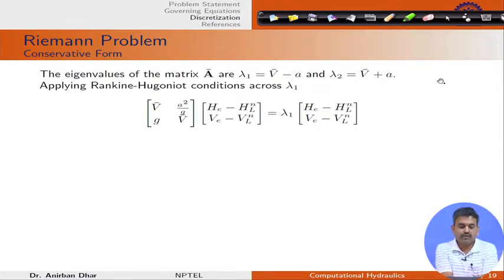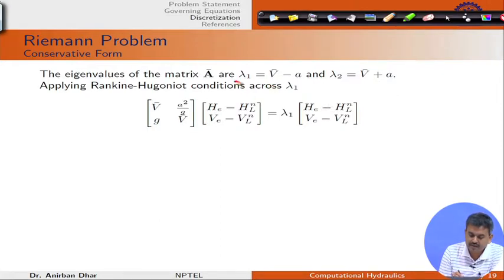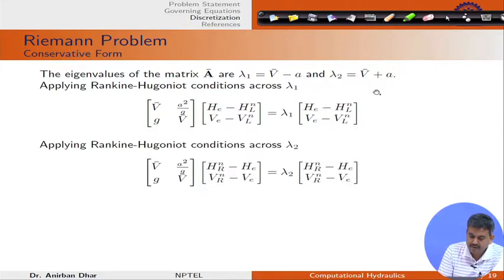Now, eigenvalues of the matrix A bar, which is the approximated matrix there, can be calculated like this: lambda 1 equals V bar minus A, lambda 2 equals V bar plus A. Applying Rankine Hugoniot conditions across lambda 1 and lambda 2 like this, because lambda 1 is having minus value here, lambda 2 is plus value.